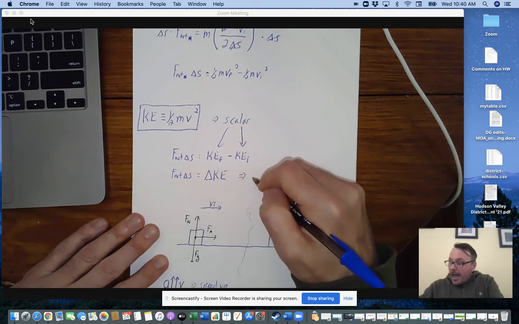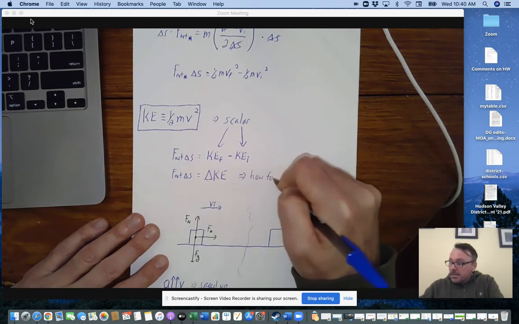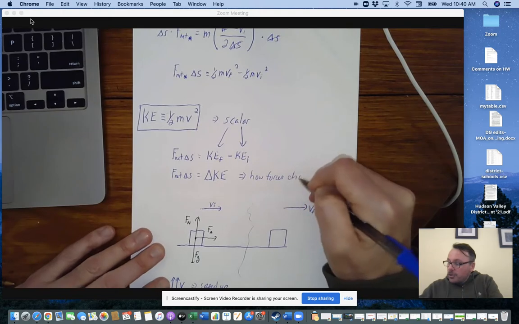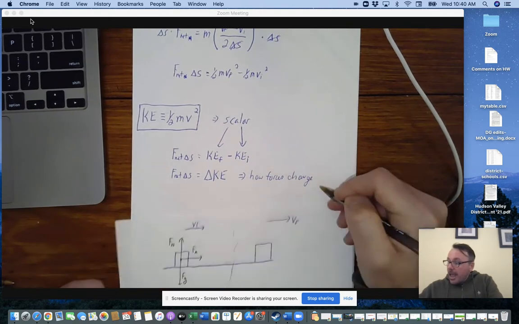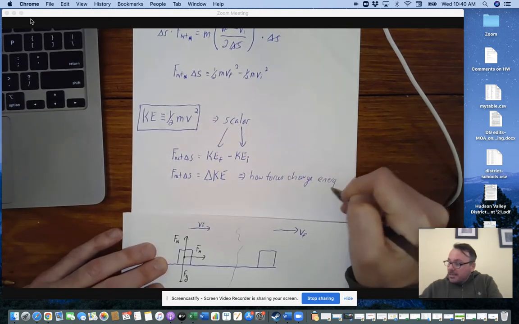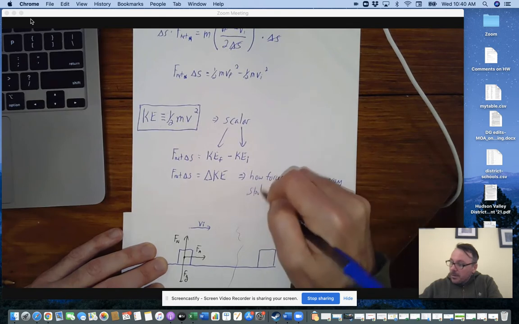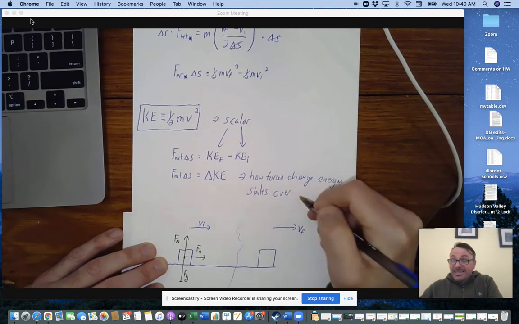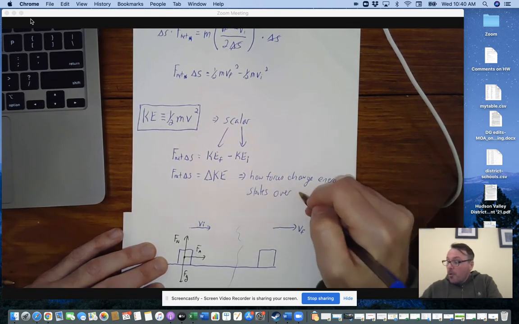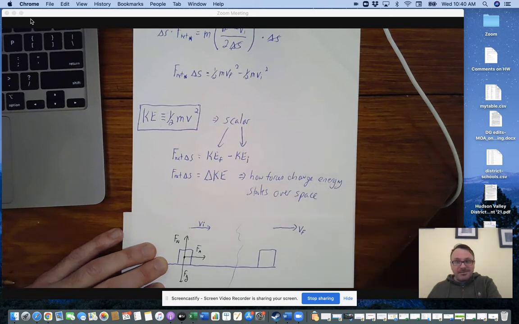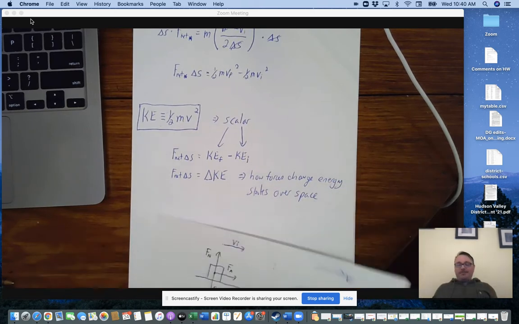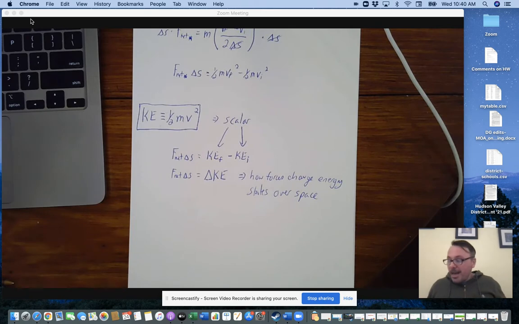This is about how forces change energy states, not through time, but over space. Okay? All right, cool.